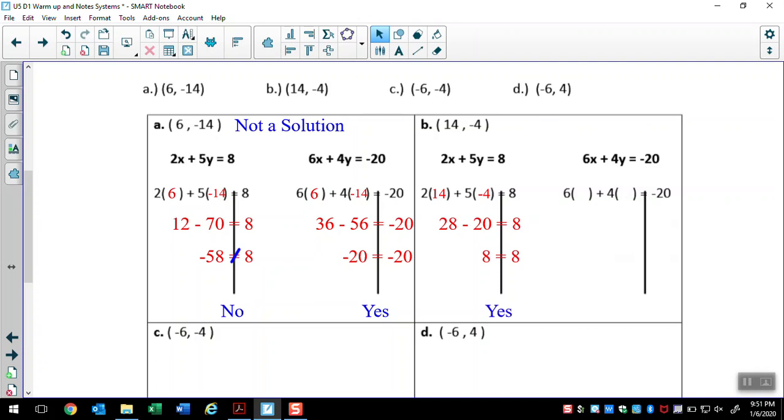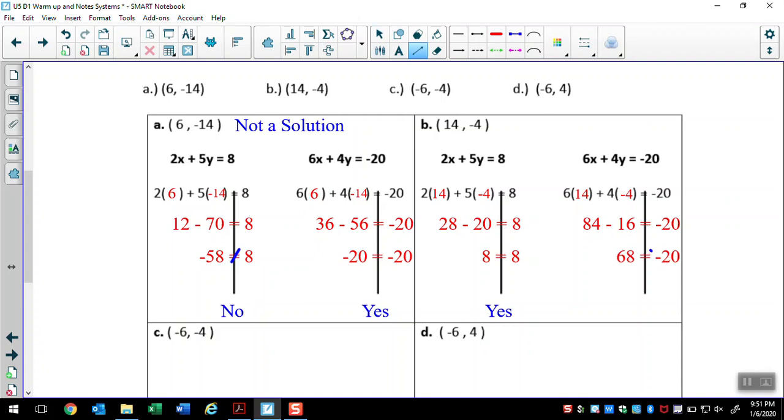I'm going to use the same two numbers, 14 and -4, and this time I'm going to plug them into the second equation. I'm going to take care of the math. So 6 times 14 is 84. 4 times -4 is -16. 84 minus 16 gives me 68. 68 does not equal -20.